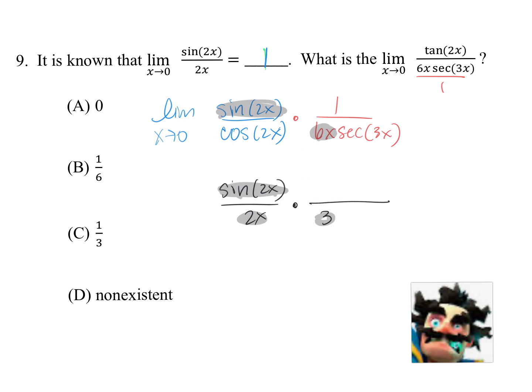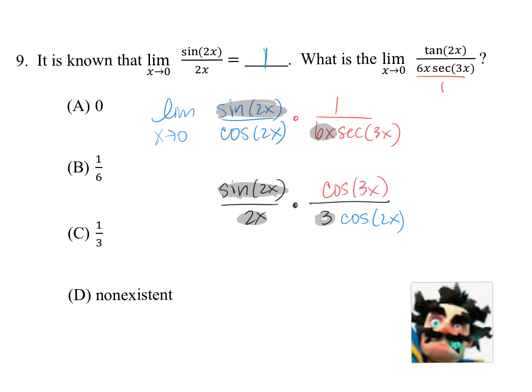So I'm going to keep this cosine of 2x down here. I'm going to move it over here, cosine of 2x. How could I rewrite a secant in the bottom? Move it to the top if I rewrite it as cosine. Secant and cosine are each other's reciprocals. So if a secant's in the bottom, I can replace that as a cosine in the top.